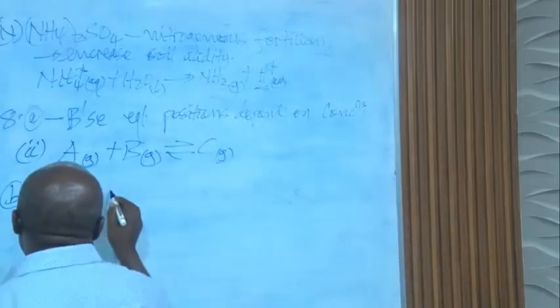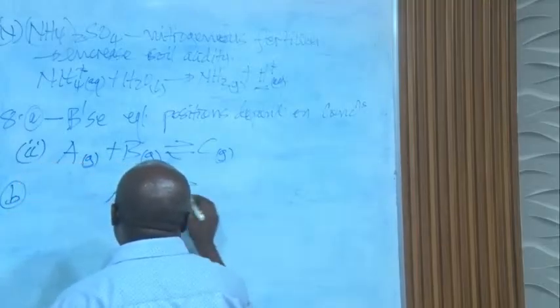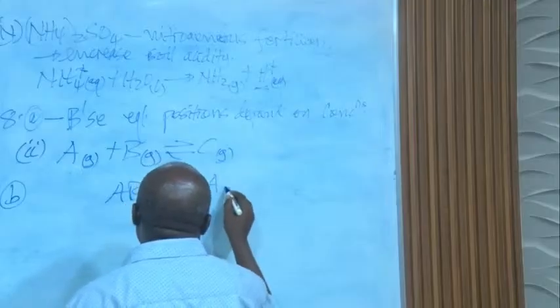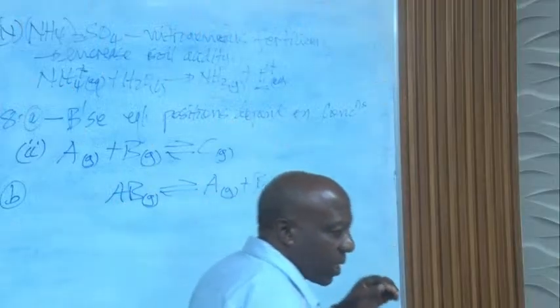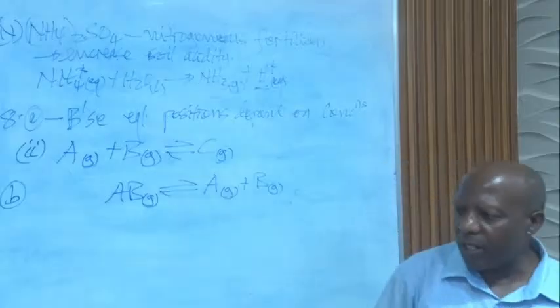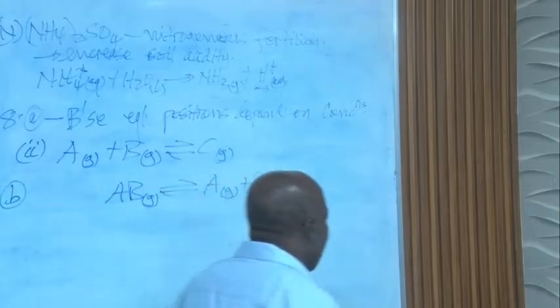If you have AB gas dissociating partially to form gas A and gas B, and at a given temperature it is 1/4 dissociated, the total pressure of the equilibrium system will be equal to 15 times the equilibrium constant Kp, or the equilibrium constant in terms of partial pressure.